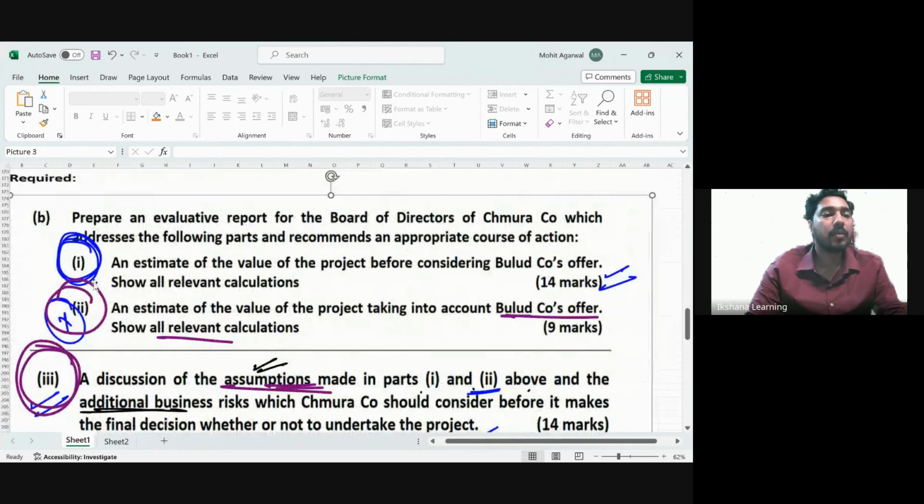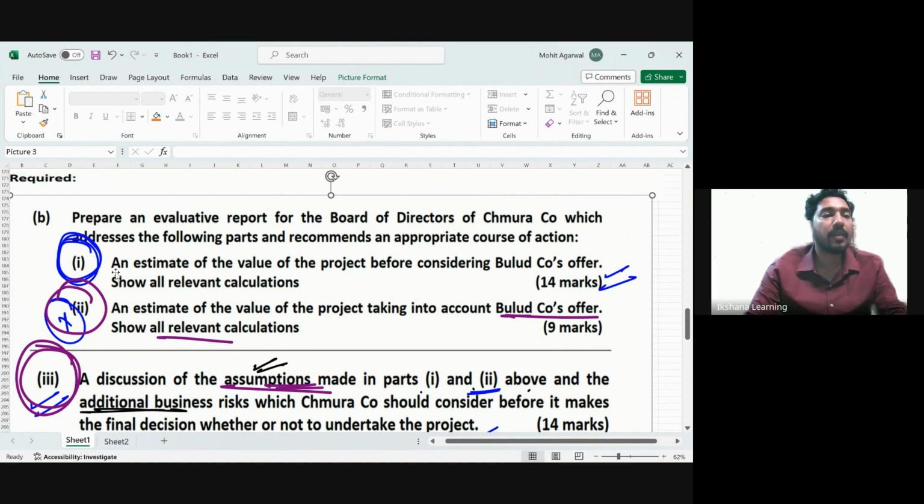In this question, we have to prepare and evaluate a report for the board of directors of Chimura company, which addresses the following parts and recommends an appropriate course of action. The first part is that we have to consider the situation without the offer. There is some offer by a company, but we don't have to consider that offer in our calculation.